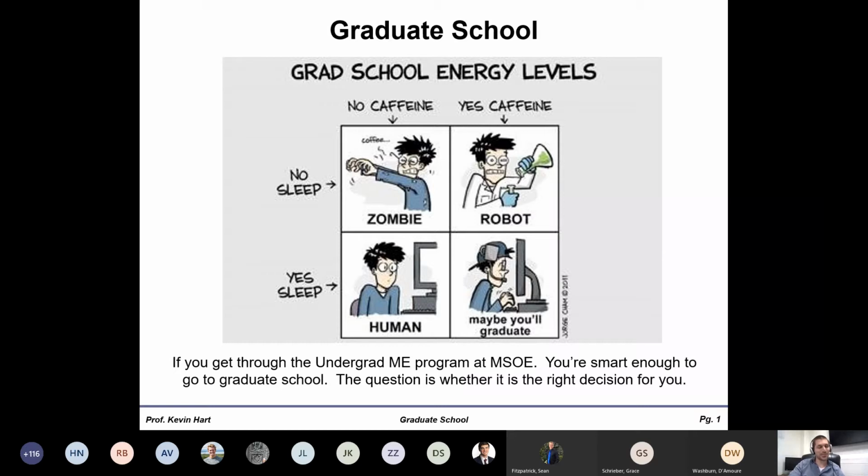I saw a lot of people slacking off at Madison that I can't believe they have engineering degrees. Okay, it makes me scared. But I feel much more confident in anyone getting a degree from here. My point is that if you make it through the MSOE curriculum and get an ME degree, you have the ability to go to graduate school and get a graduate degree. The question is, is it the right choice for you, and do you want to do it?